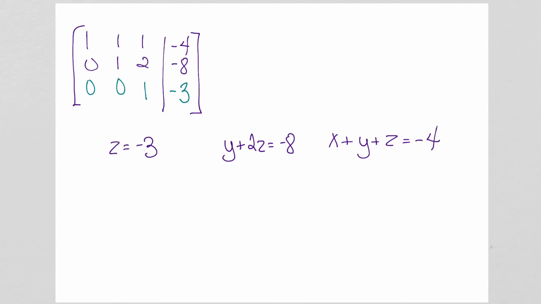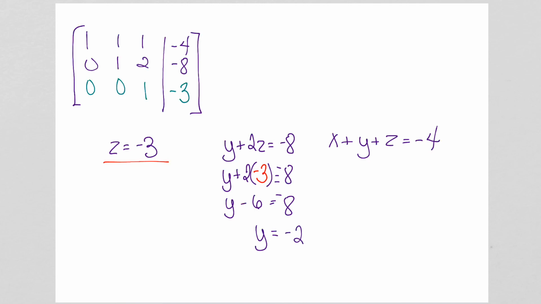So if z is -3, we're going to plug that in to our second equation. So y is, it should be -8, -2. And then we're going to plug in -2 into our first equation.